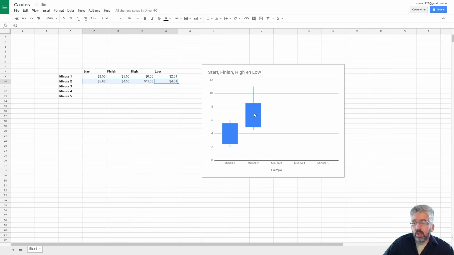Now, there's different types of wicks. You have short wicks and long wicks. Some of them you might have seen are very long. Now, the wicks on top here are called upper shadows, and the ones on the bottom are called lower shadows. Usually, an upper shadow is an indicator that people were buying, price was going up to the highest price, but there was a lot of selling volume here, pressing the close down.